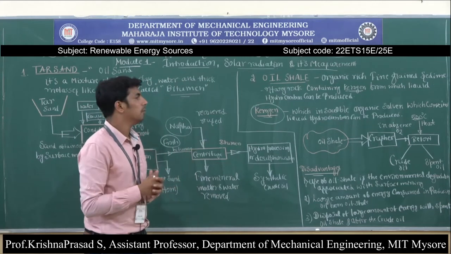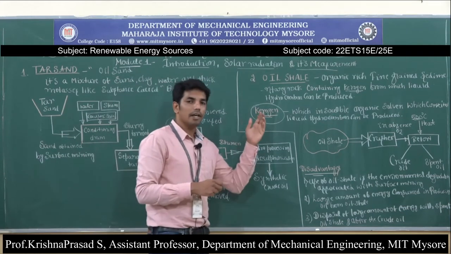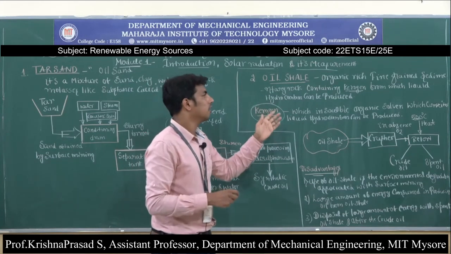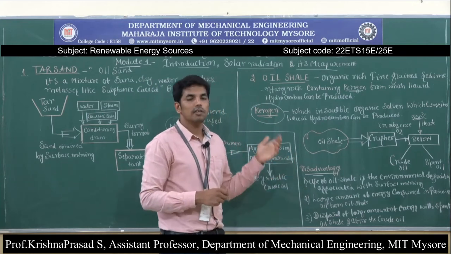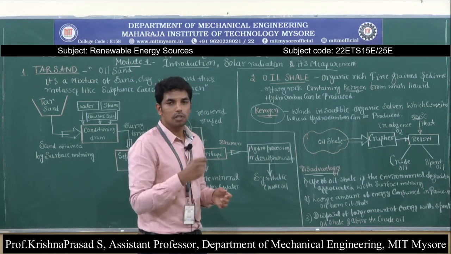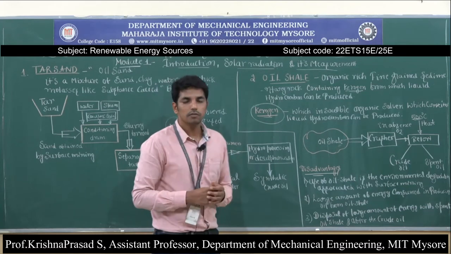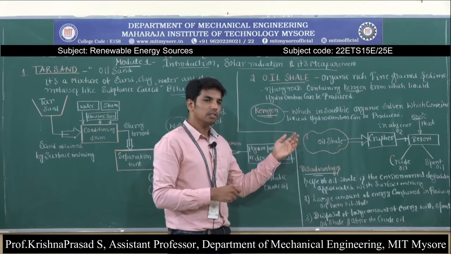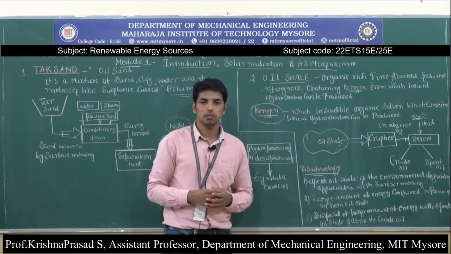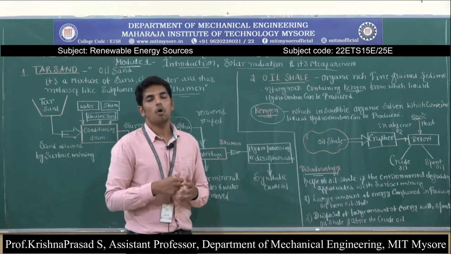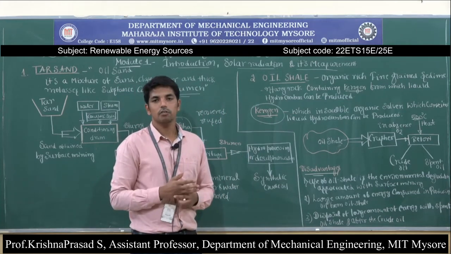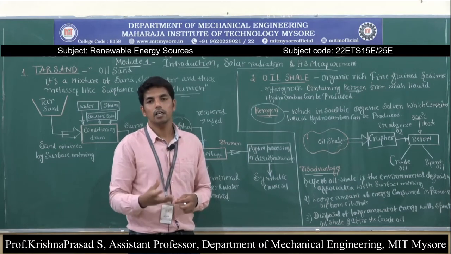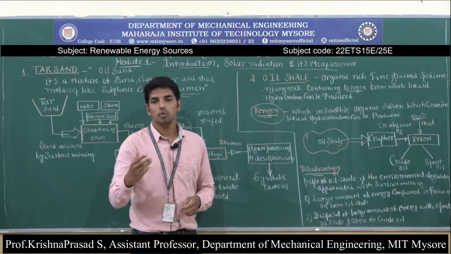I repeat, what is meant by oil shale? Oil shale is an organic-rich, fine-grained sedimentary rock containing kerogen from which liquid hydrocarbon can be produced. Then what is meant by kerogen? Kerogen is a highly insoluble organic solvent from which liquid hydrocarbon can be produced. Then how to use the oil shale? The oil shale can be crushed into smaller particles similar to coal, then burned directly to produce heat energy and in order to produce electricity.